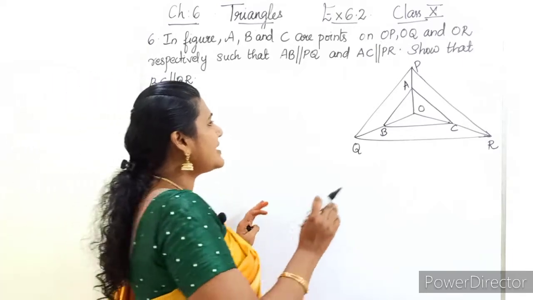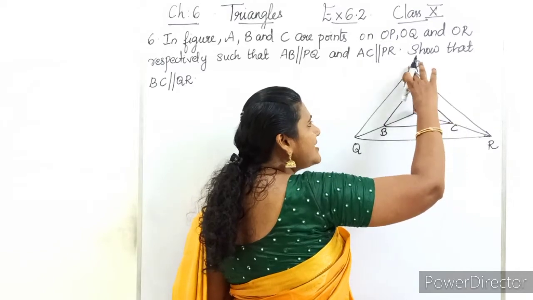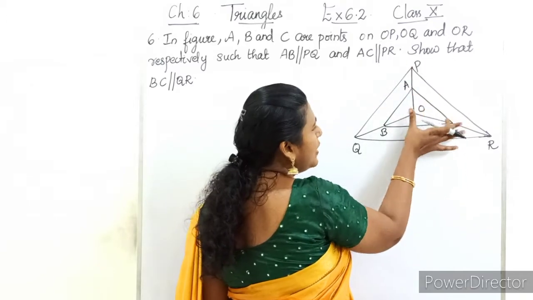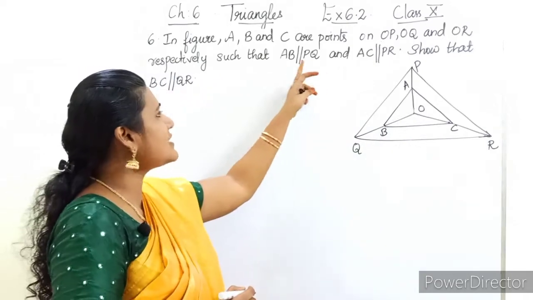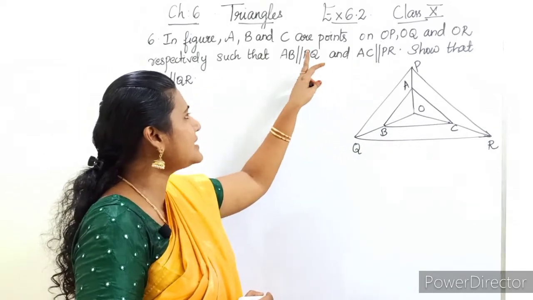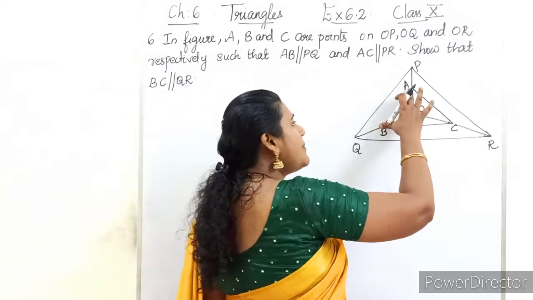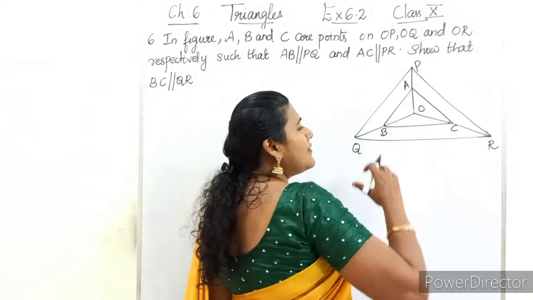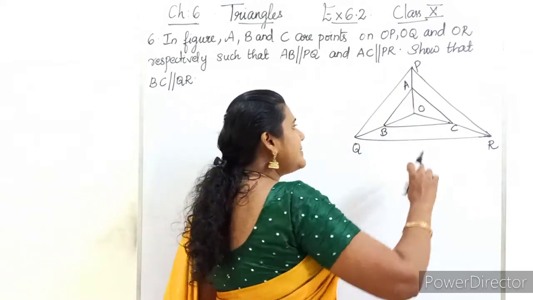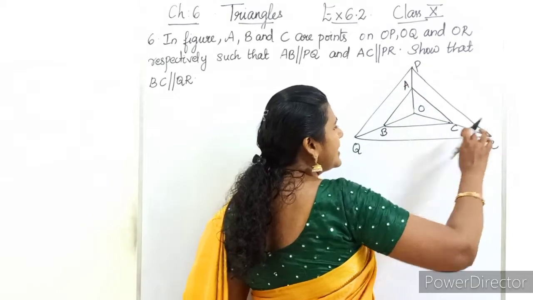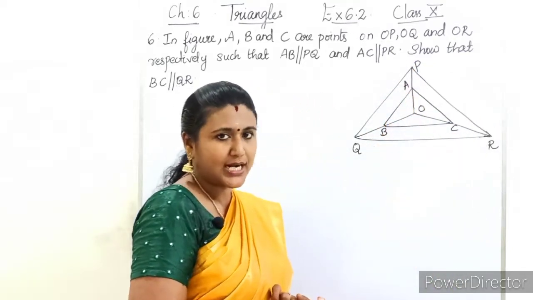So here you can see the points A, B and C are points on the line segments OP, OQ and OR, and these two conditions are also given, that is AB is parallel to PQ and AC is parallel to PR. Since AB is parallel to PQ is given, we can use basic proportionality theorem, and similarly AC is parallel to PR, so again in this triangle also we can use basic proportionality theorem.